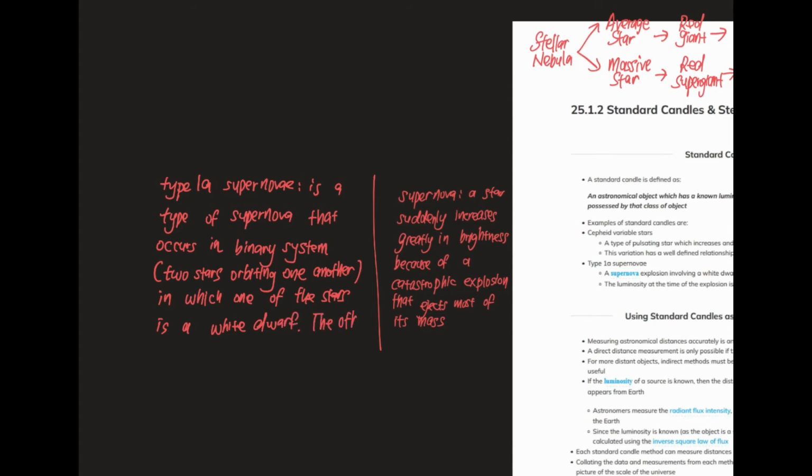The other star can be anything from a giant star to an even smaller white dwarf.